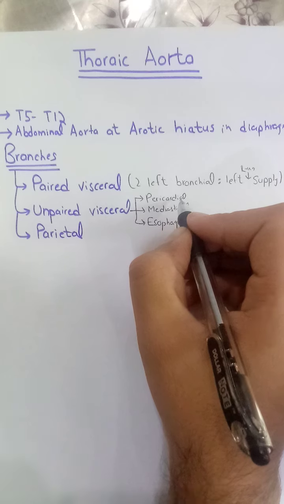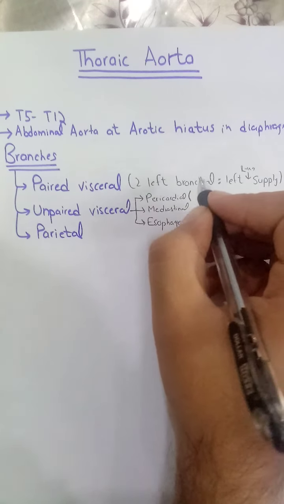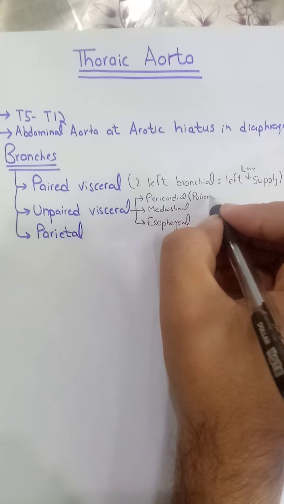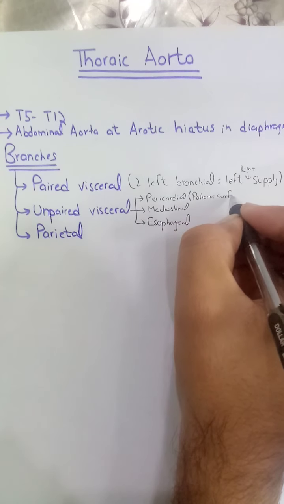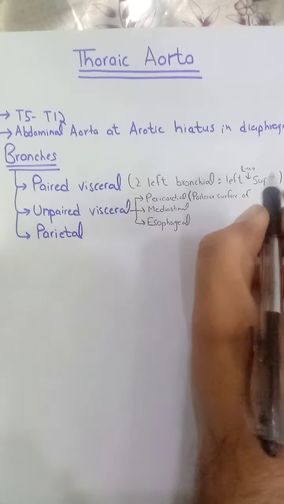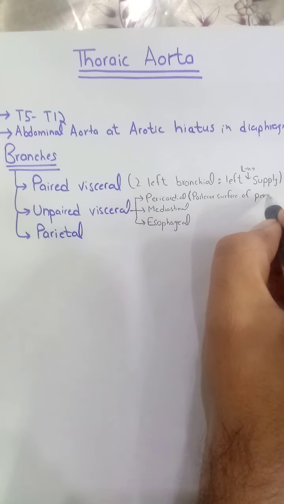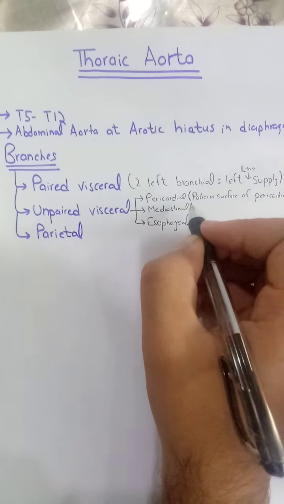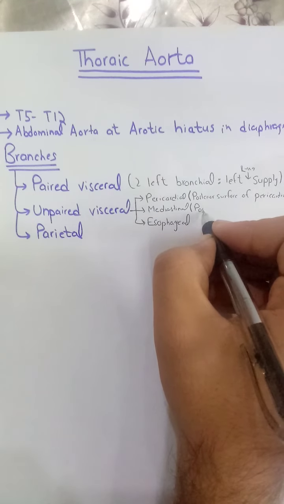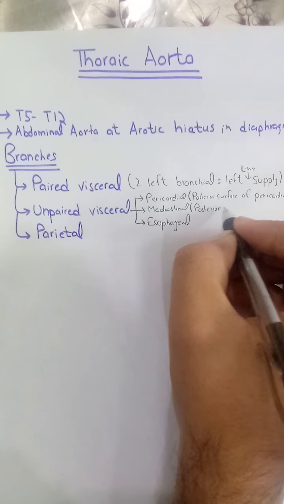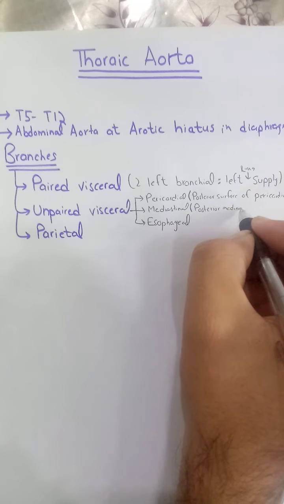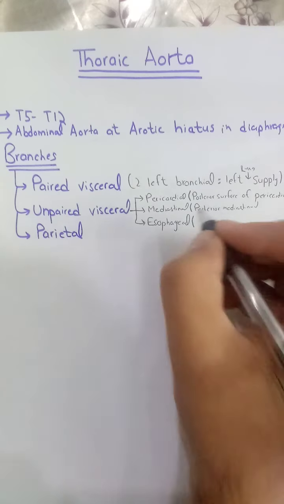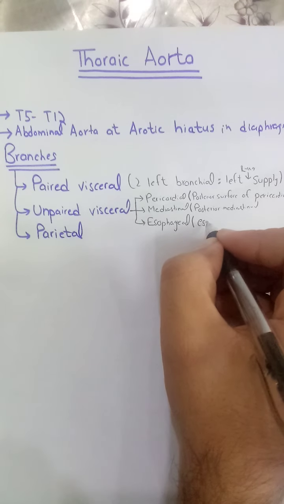As the names indicate, the pericardial branch will supply the posterior surface of the pericardium, which is a sac surrounding the heart. The mediastinal branch will supply the posterior mediastinum. And the esophageal branch will supply the esophagus.